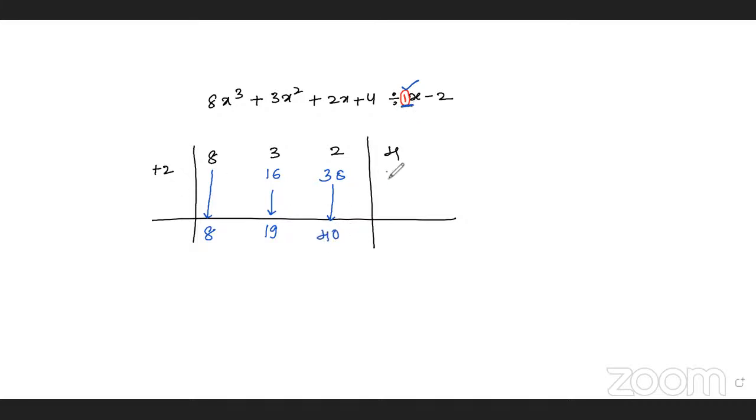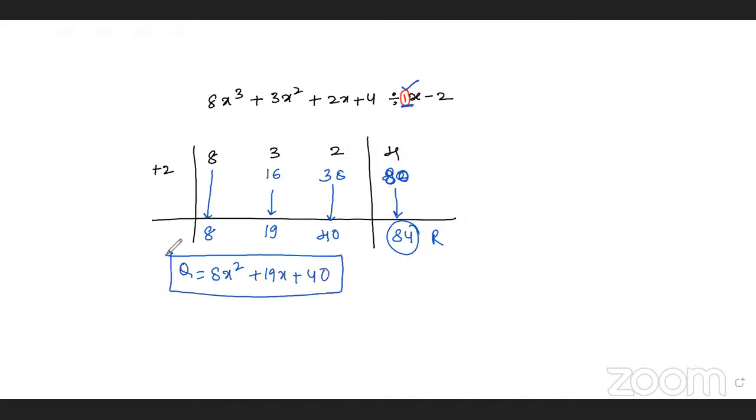So 40 into 2 is 80. So 80 plus 4, that is 84. So this will be our remainder. Our quotient will be 8x square plus 19x plus 40. Yeah, it is clear? Yes or no? Yes, sir. Right. So let me take one more example.